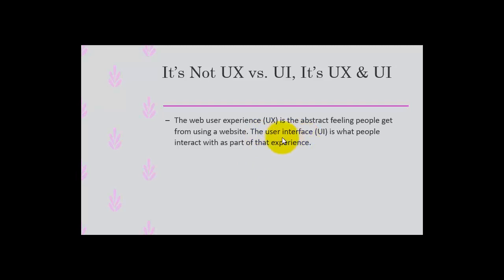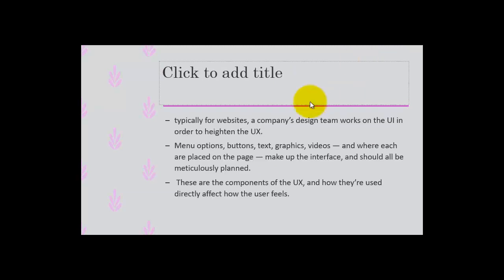The user interface is what people interact with as part of the experience. To get an experience from a website, people interact with the website, and this is how it's UX and UI, not UX versus UI. Typically for websites, a company's design team works on the UI in order to heighten the UX.